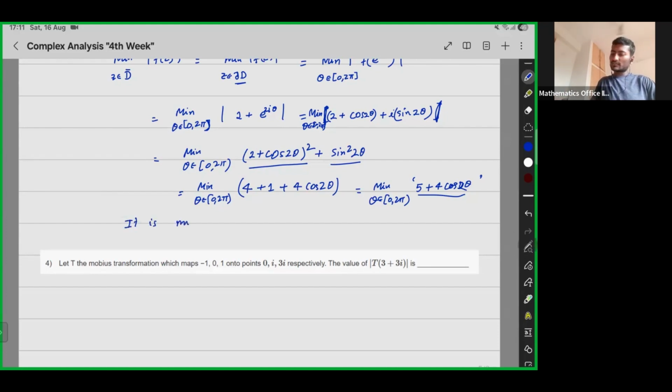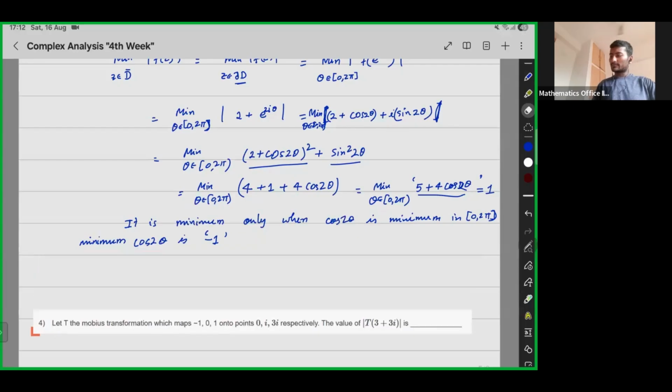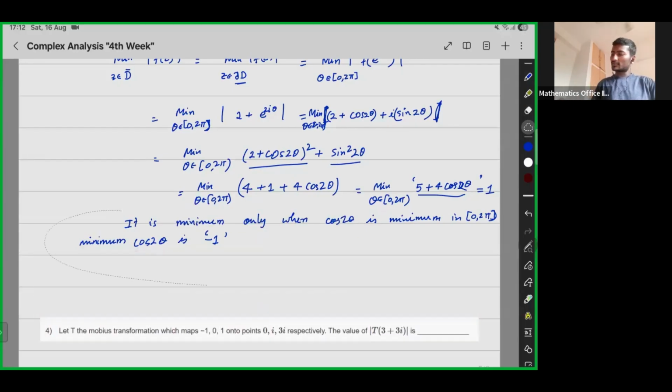It is minimum only when cos 2 theta is minimum in 0 to 2 pi. The minimum of cos 2 theta is minus 1. Put this value in, and this gives 5 minus 4, which is 1. So this is just the reasoning part.